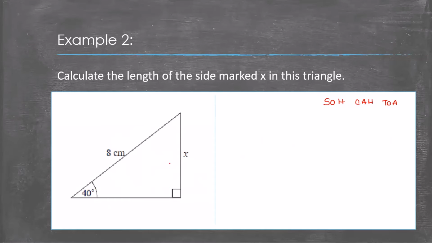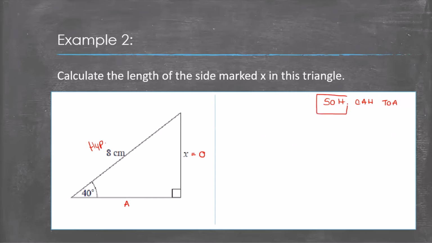Find the length of the side marked X in this triangle. So first thing we need to do is label the three sides. We know that this is my hypotenuse. It's the longest side. It's opposite the right angle. 40 is my subject angle, which makes the bottom the adjacent, and X opposite. Now I look, I have hypotenuse, I want the opposite. Which ratio uses both of them?